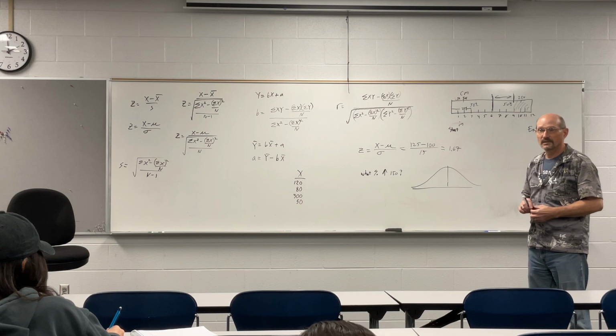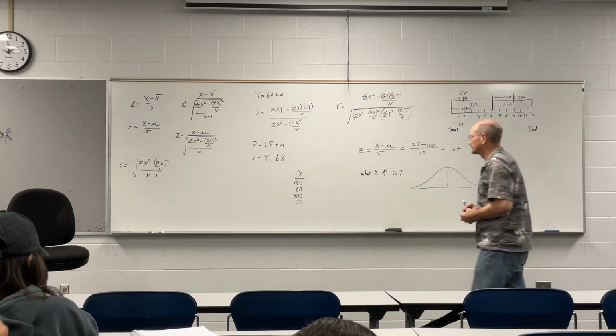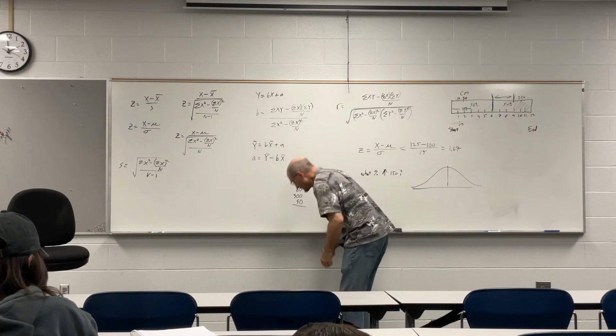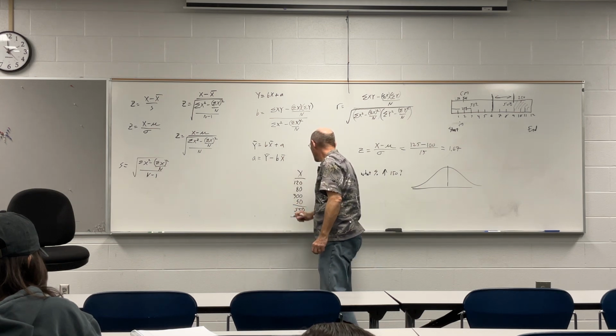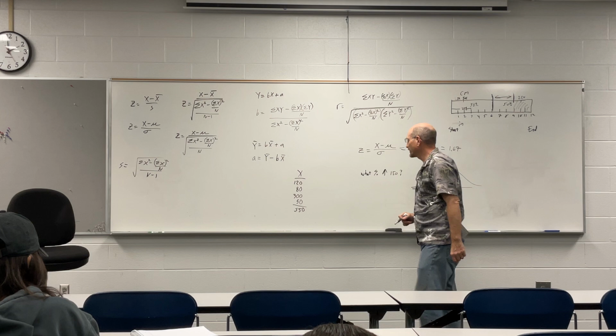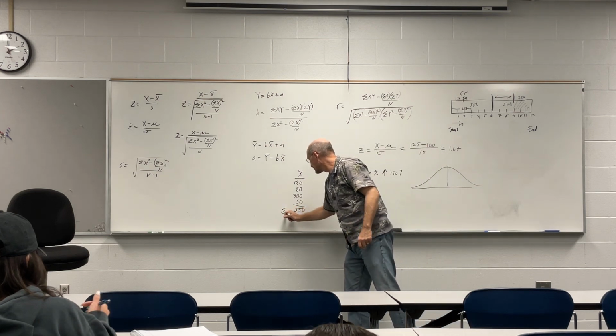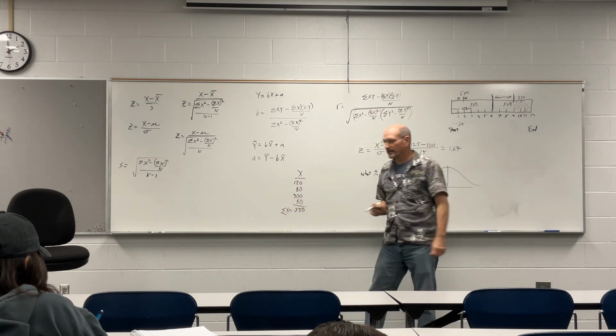Would it be all of them added up divided by 4? Yep. What is it? 550 is the summation of X, divided by 4.